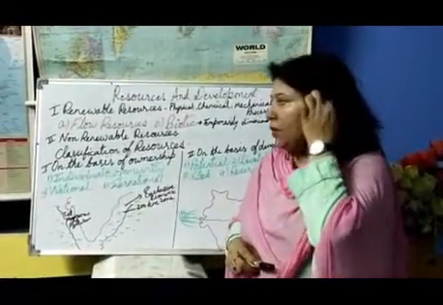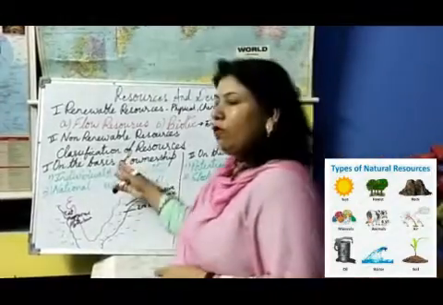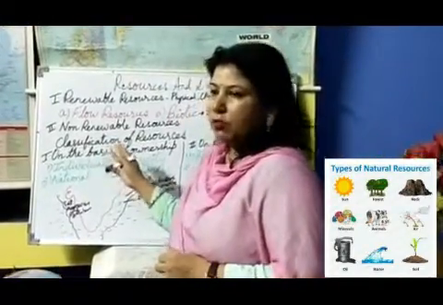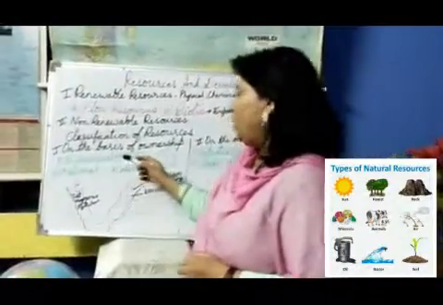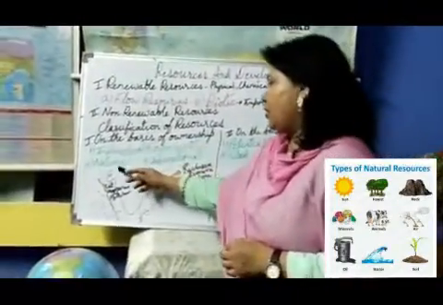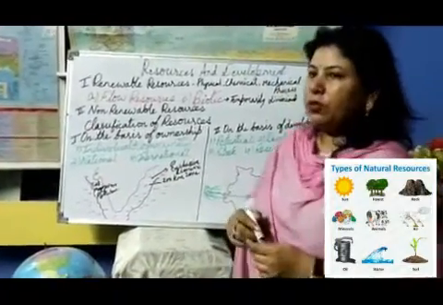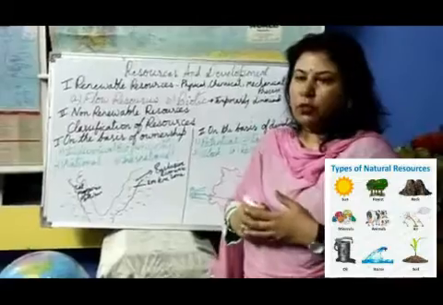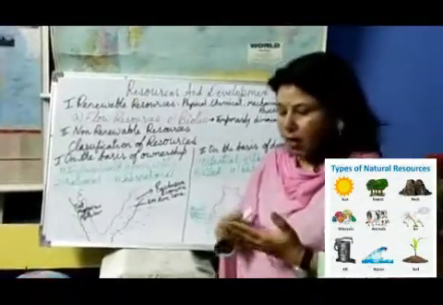Now resources can be classified into various parts, like on the basis of ownership. On the basis of ownership we can divide it into four parts, that is individual resources, community resources, national resources and international resources. So what are individual resources? Individual resources are those which belong to a particular person, like car or house.